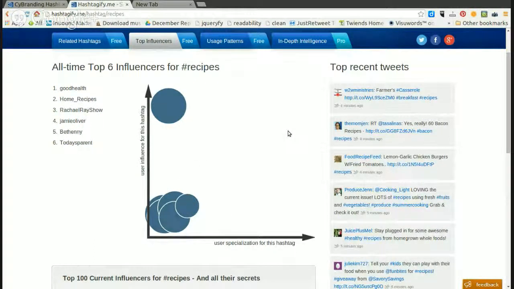Now, the problem is that if the hashtag is not very, very big, if the hashtag has changes in time, as I was telling you, all the data on Hashtagify Me is a sample, and considering the incredibly big level of activity on Twitter, the sample is pretty small, below 1%. So if you have a specific hashtag, for example, social media Los Angeles, let's say, which could be big in Los Angeles, but on a global scale will be incredibly small, the sampling we have here is not very good.